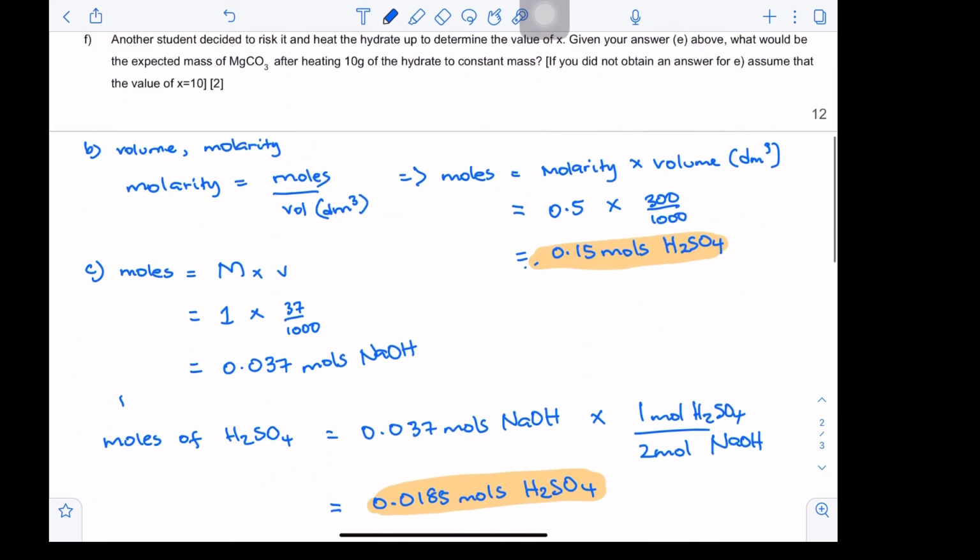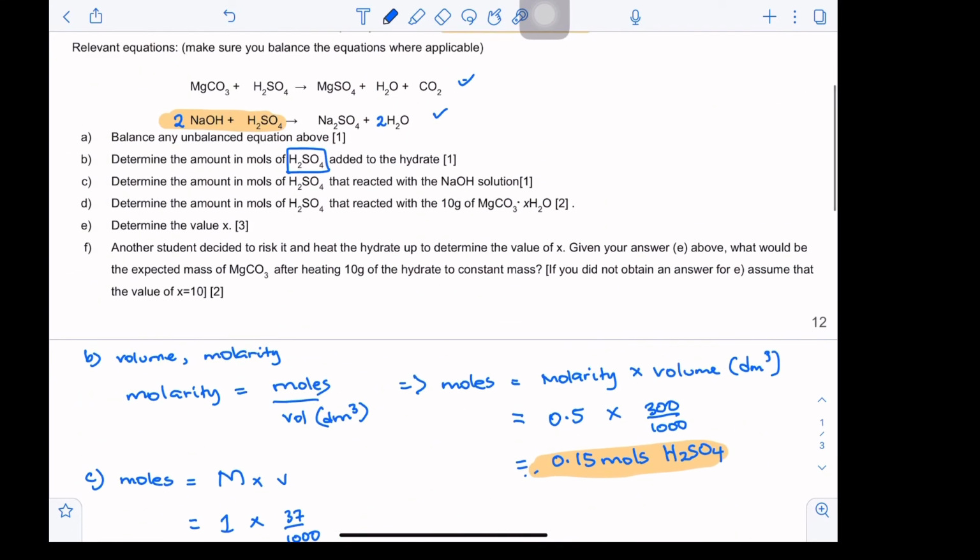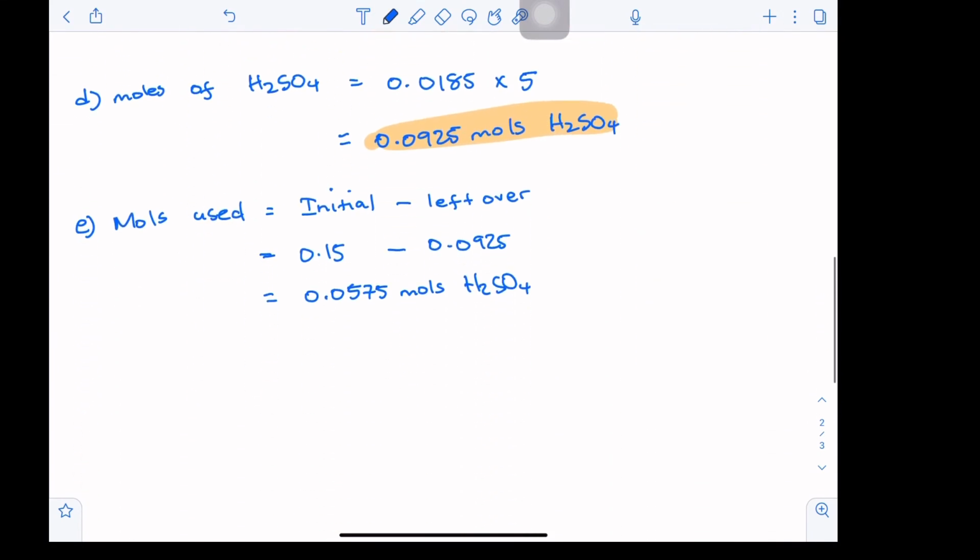If this is the number of moles that we used, we go back to this equation here. The moles of sulfuric acid and the moles of MgCO3 is the same. So if we used 0.0575 moles of H2SO4, it implies that we had 0.0575 moles of MgCO3.